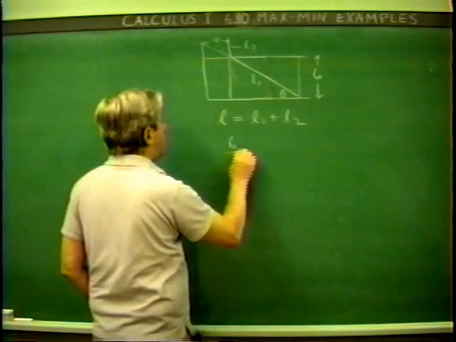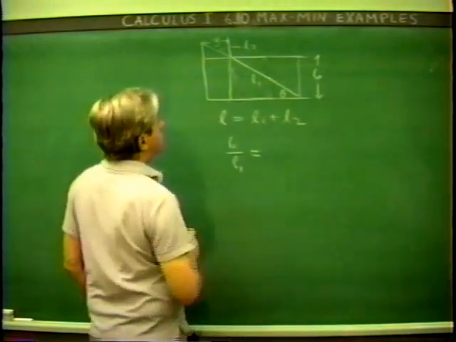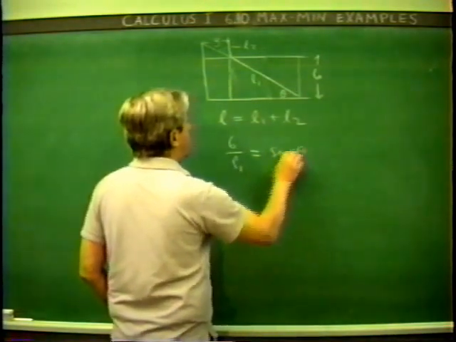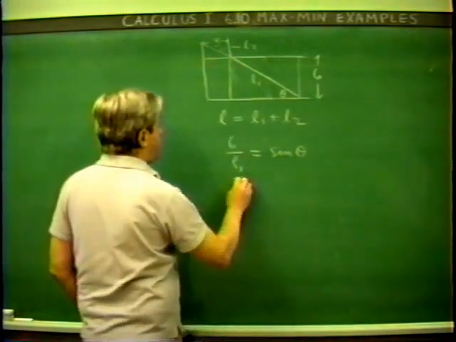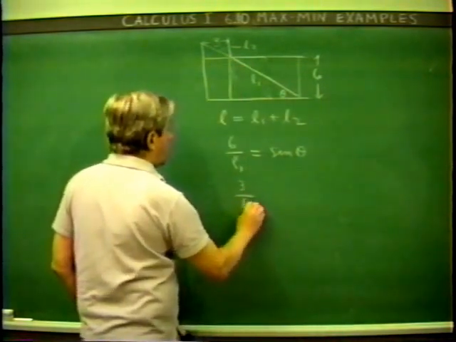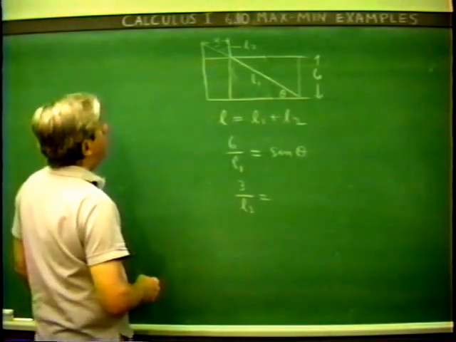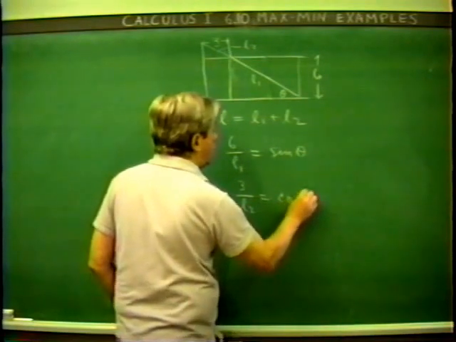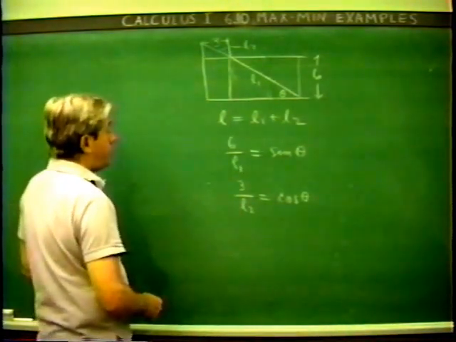And we also have that 6 over L1 is equal to sine of theta, and 3 over L2 is equal to cosine of theta.